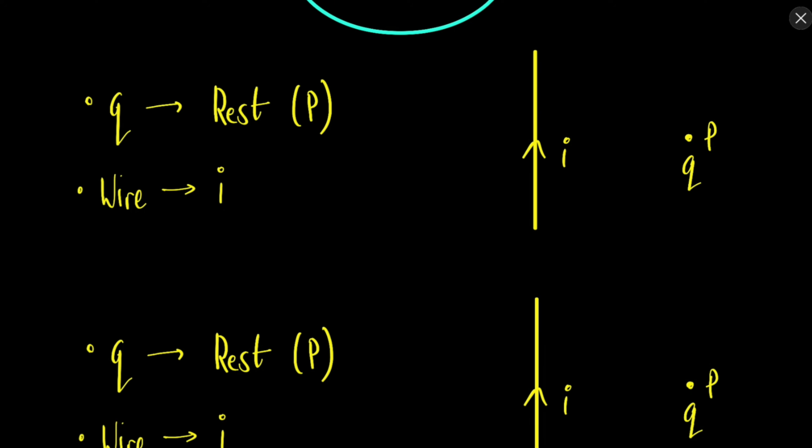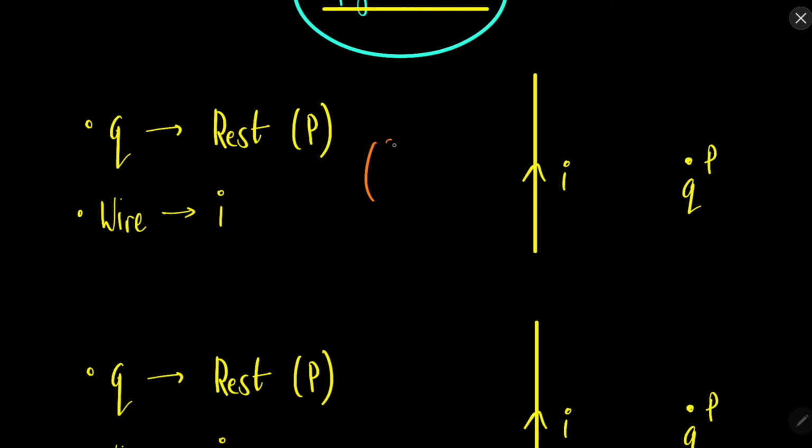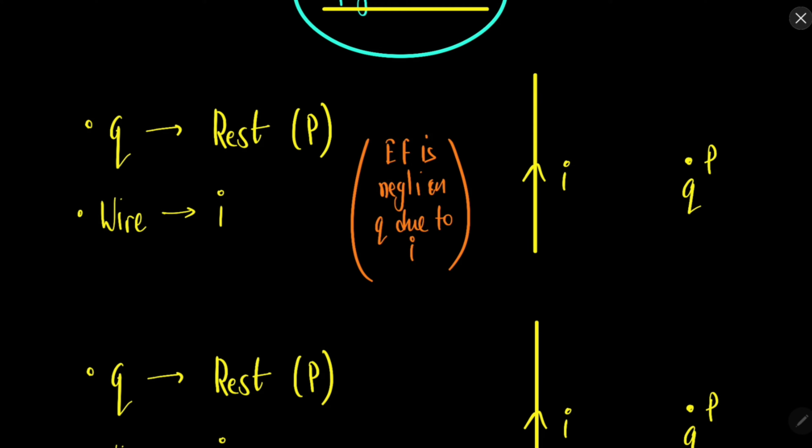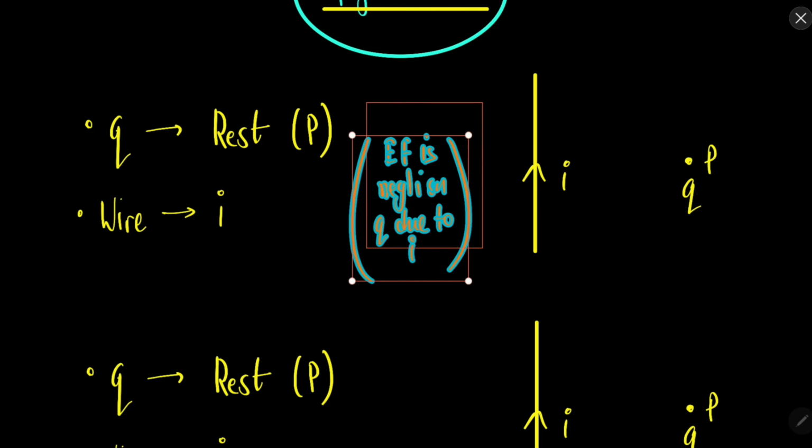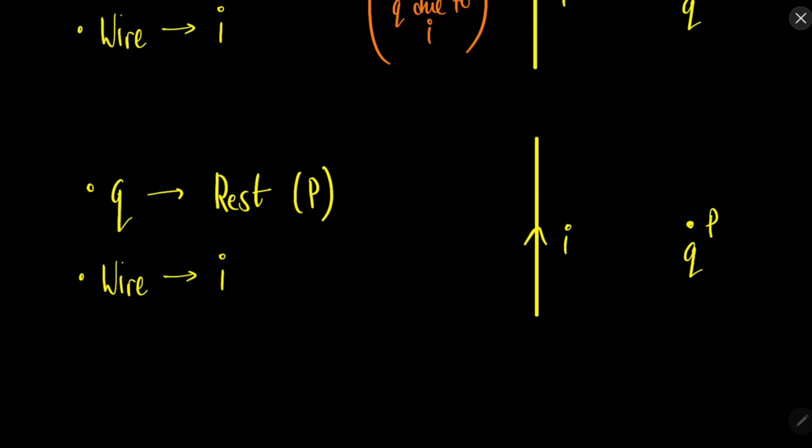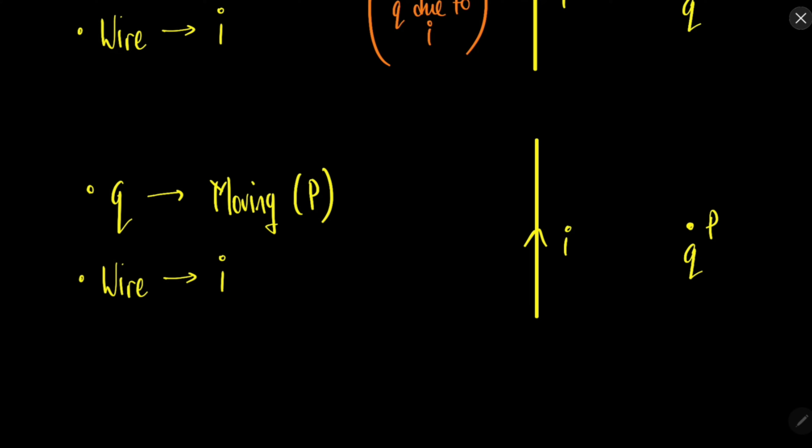So we are considering the situation in which the electric force is negligible on Q due to the wire with current I. But what happens if the charge is now moving? Let's say the charge is moving in this direction, velocity is in this direction.